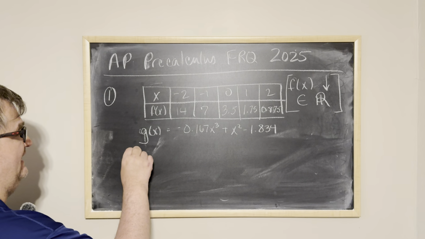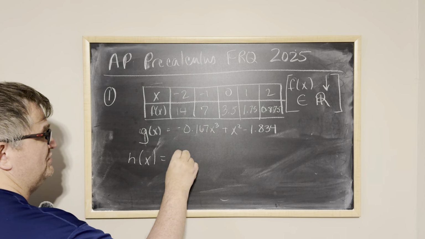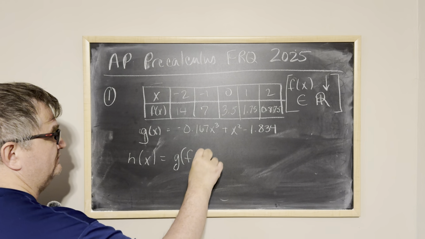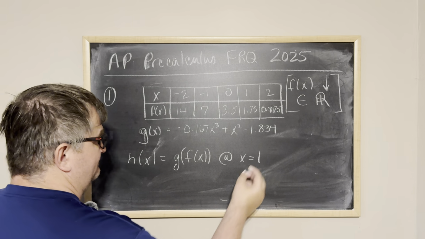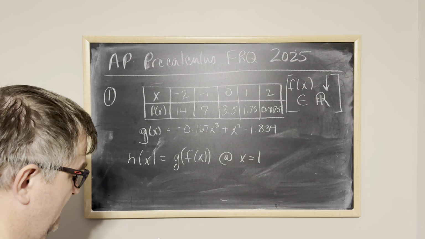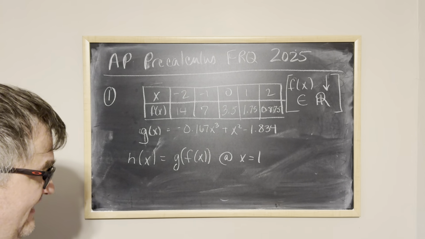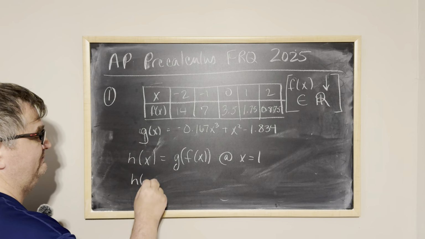You are told that H is defined as G of f of x at x equals 1. And what you were told is to find h of 1.